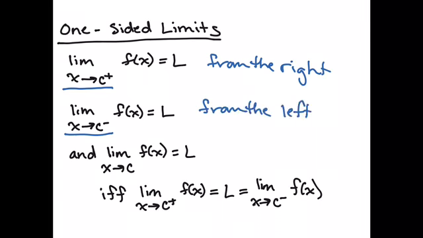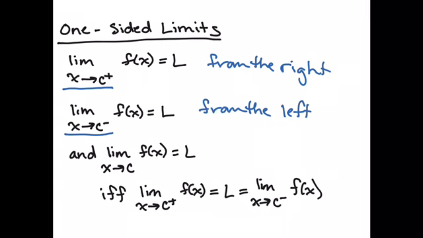So I can ask you to give me just one or the other instead of telling me the limit in general. And we already know this, we just didn't have formal notation for it.